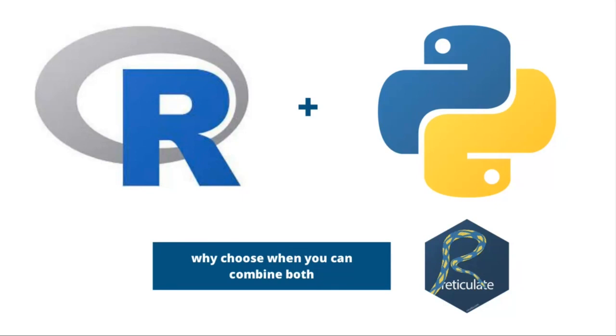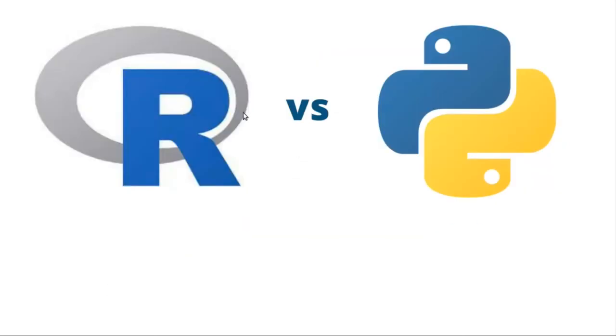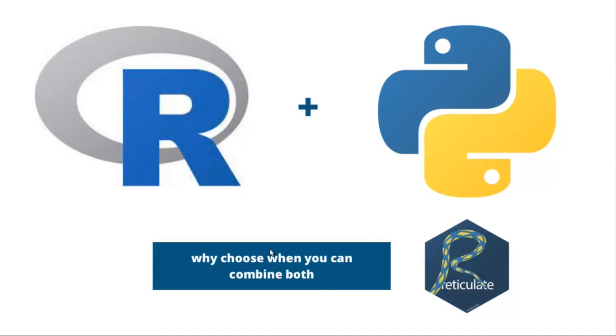I find it a bit odd, because those are programming languages and they have different communities and different things attached to them. In the end, you can do much better than have these discussions, and you can combine them both. Nowadays, you can combine them with a package called reticulate that lets you run Python straight from R. I think it's really pretty cool.